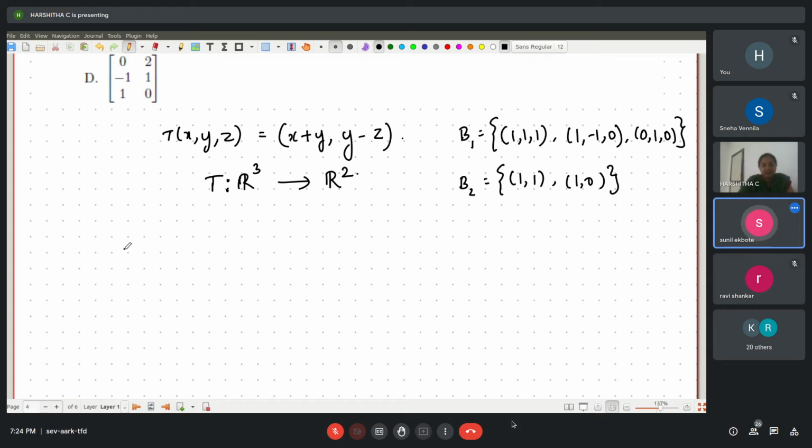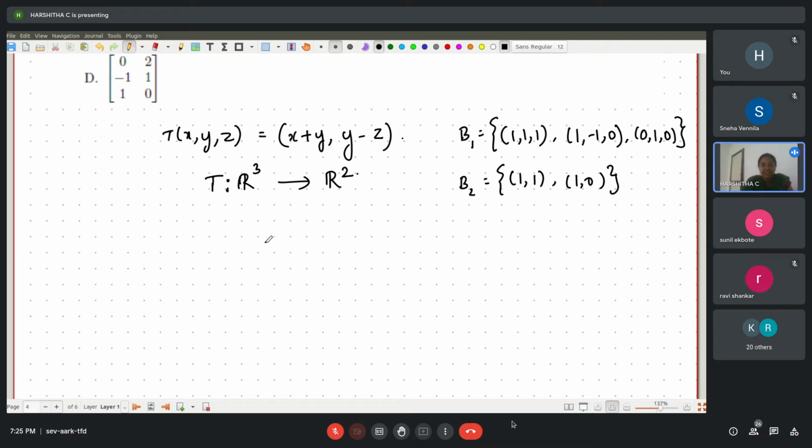If you consider (1, 1, 1) as E1, E2, E3, then you have to find out T E1, T E2, and T E3. Then whatever we get has to be converted into matrix form. And then we have to find the transpose of that matrix, whatever we get.